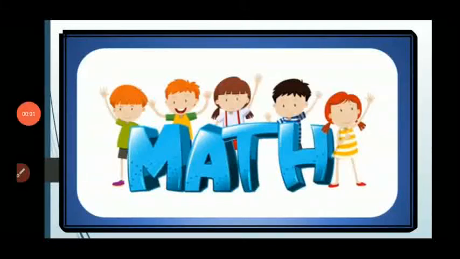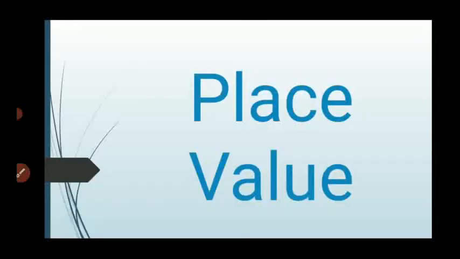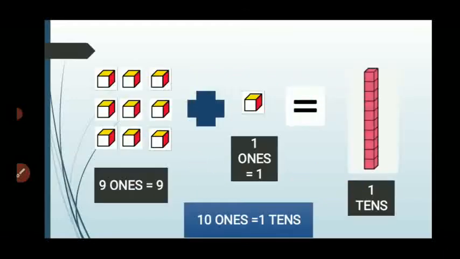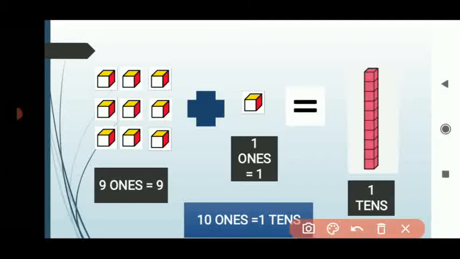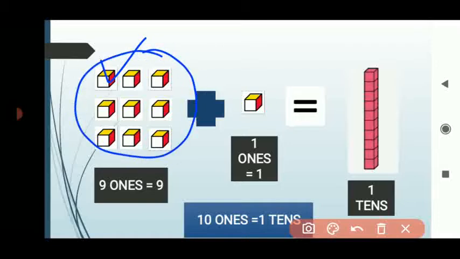So let's start. Students, let us discuss the place value in a more detailed way. So today's topic is place value. This I told you just now. We represent ones by these small boxes. So how many ones are there? 9 ones.